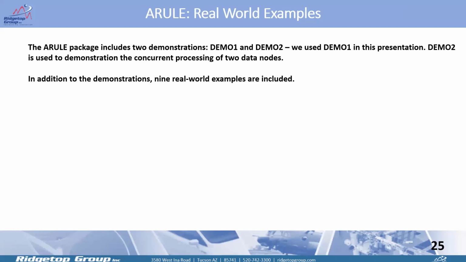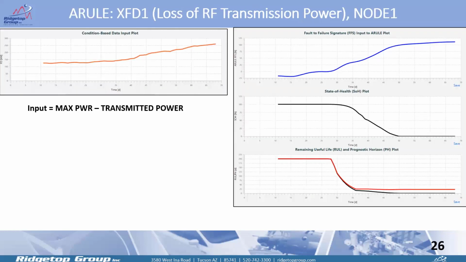Demo 2 is the same as Demo 1, but we have two nodes. In addition to these two demonstrations, we have 9 real-world examples. And this comprises data that we have collected through experimentation, through historic use, and also through simulation.